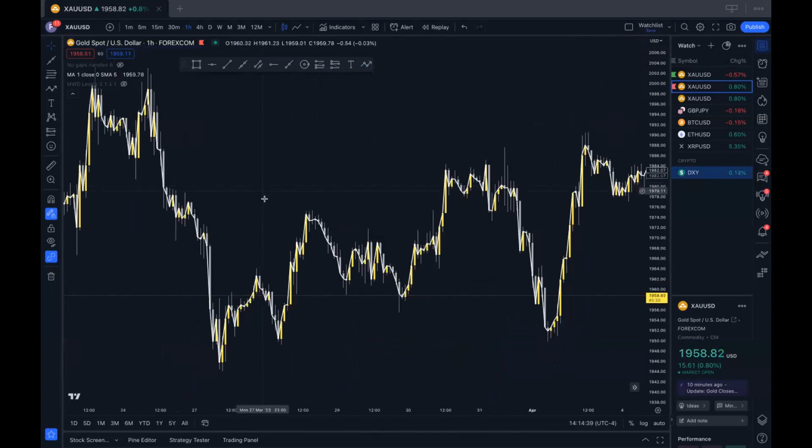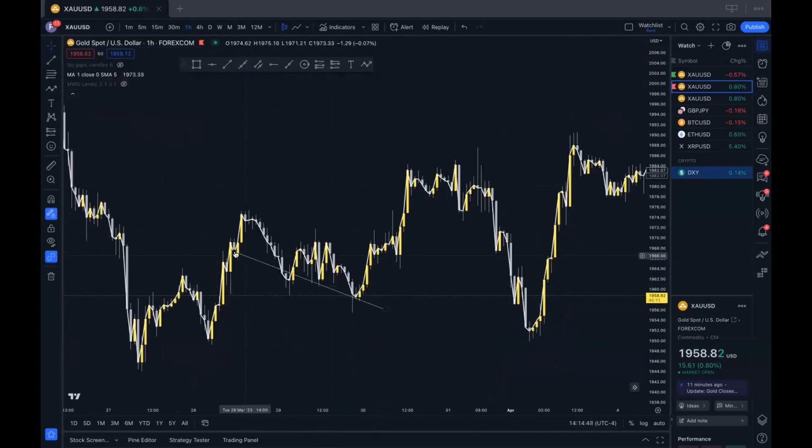So let's go over TL type 5, type 5, type 5. No, not the cleanest. Didn't touch this one.